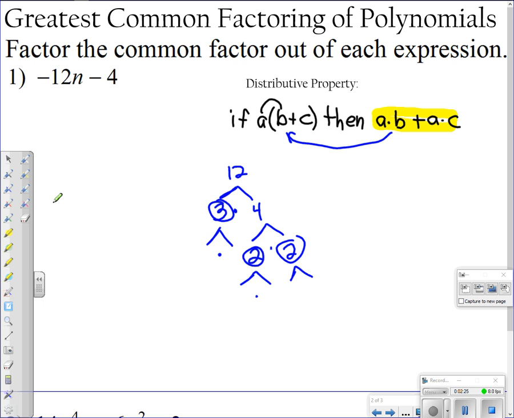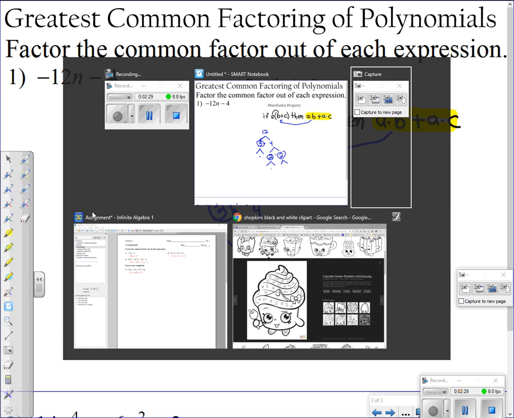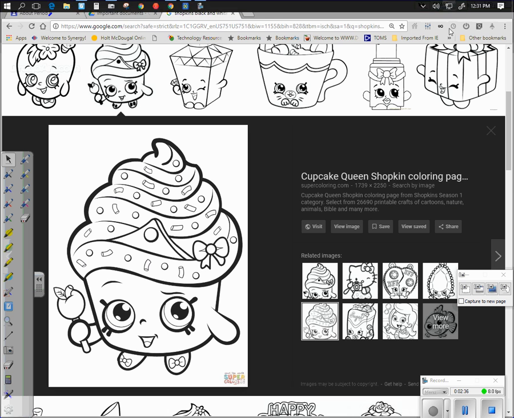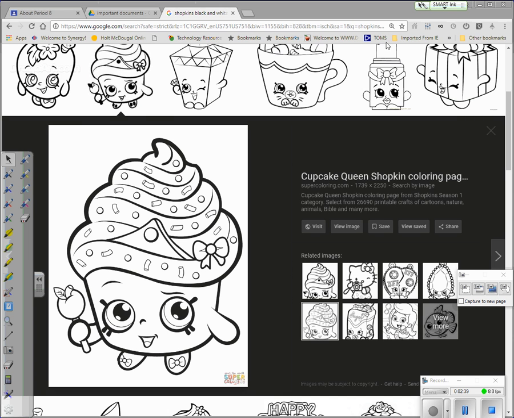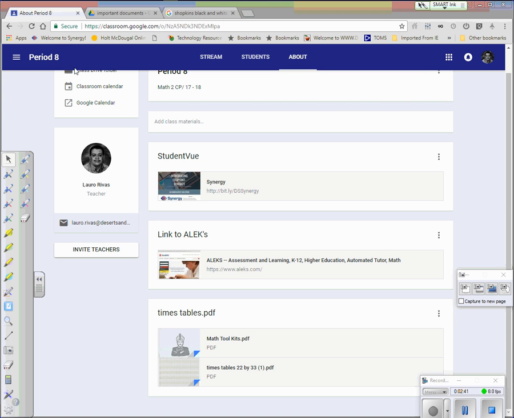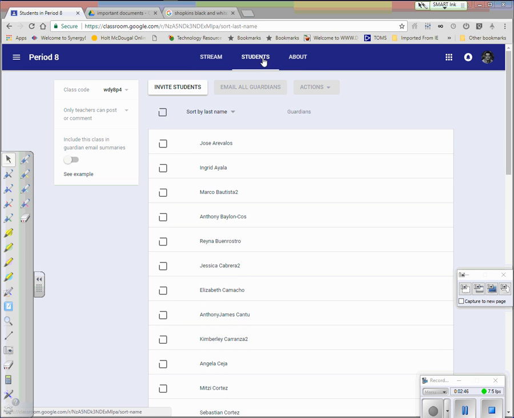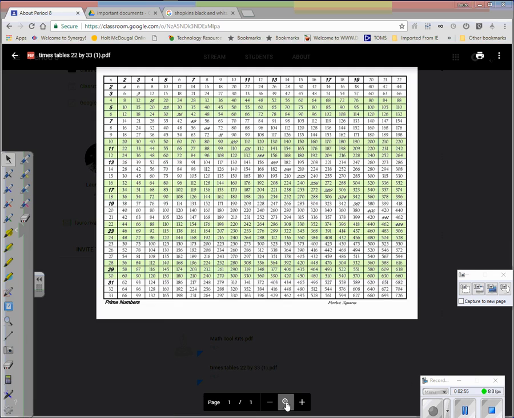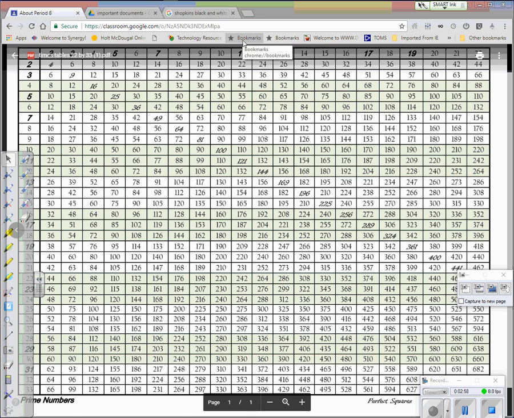Now if you look in Google Classroom, remember there's stream, students, and about. If you go to about and go on the first post, there's the times tables. Everything you need for the factoring is in here.